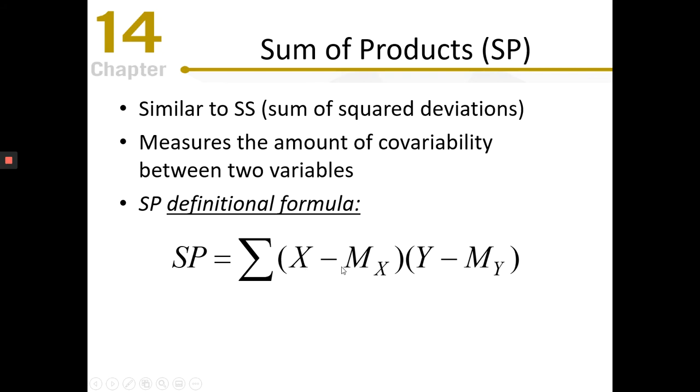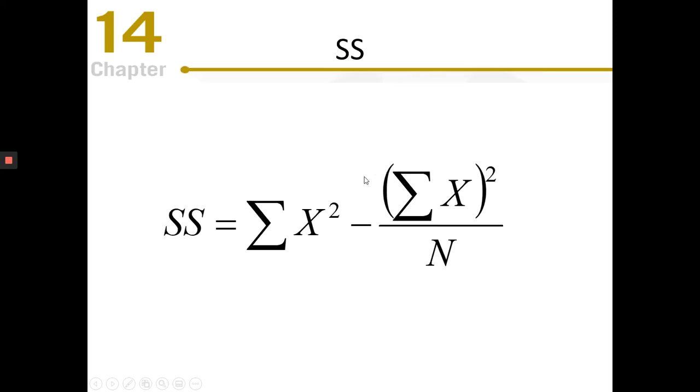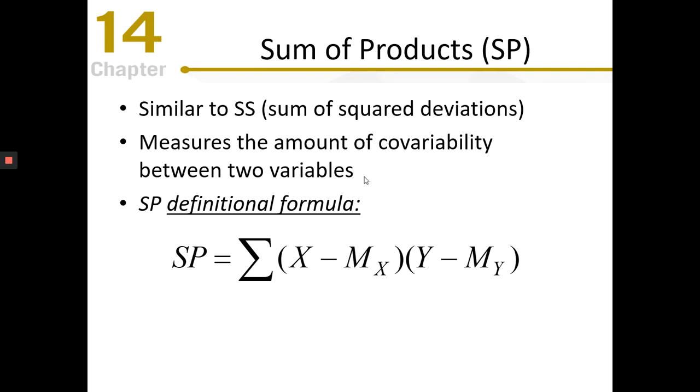How far was it from the mean of that variable? For the same person, what was their score on buying candy? And subtract that from the mean of buying candy. So we're just, for every person, looking at these two combined, how they vary from the mean.